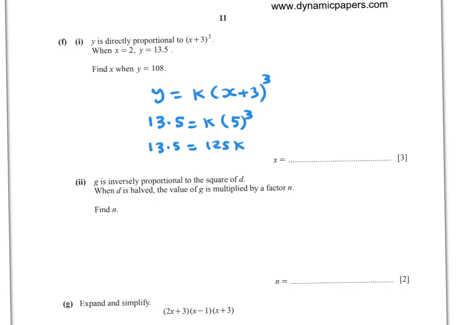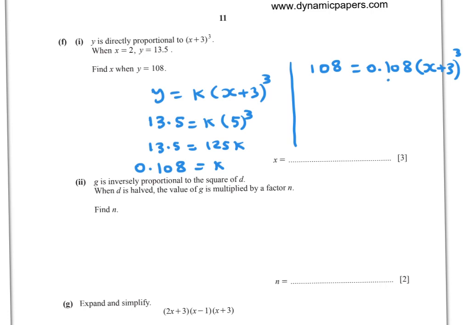So 13.5 equals 125k. Now divide by 125 for both, you get k equals 0.108. Now we need to find x when y equals 108. 108 equals 0.108 into x plus 3 all power 3.